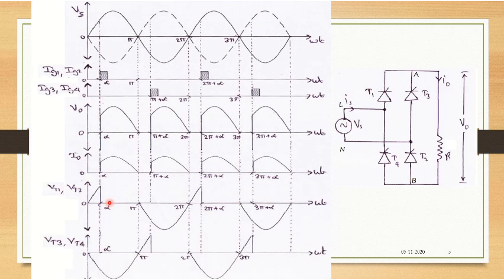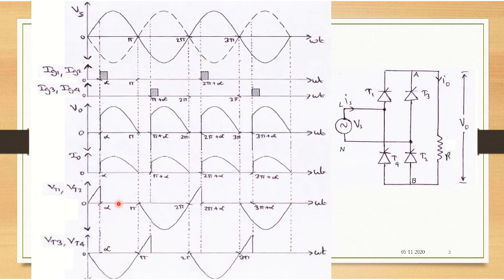This waveform is the voltage across thyristor T1 and T2. So T1 and T2 voltage will be same. Till it is turned on, the same input voltage will be appearing across T1 and T2. The moment a triggering signal is given, the T1 and T2 is turned on.